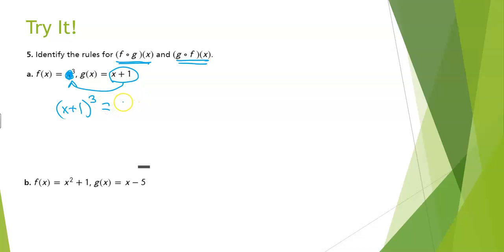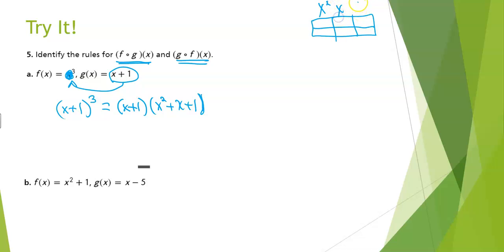Okay, I remember a rule. That's the same thing as this, a plus b cubed. I remember that rule. And then I think I may just go ahead and, there is another way you can do this, but I might go ahead and just do the box on this, x squared, x and 1, and x and 1, multiply it out.